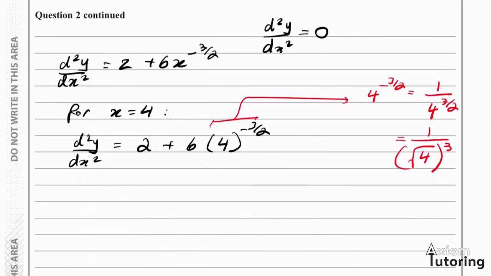And to get rid of the negative sign in the exponent, we work out the reciprocal. So we write it as the reciprocal there. So what's that going to be? That is actually equal to 1 over 2 cubed, which is 1 over 8.